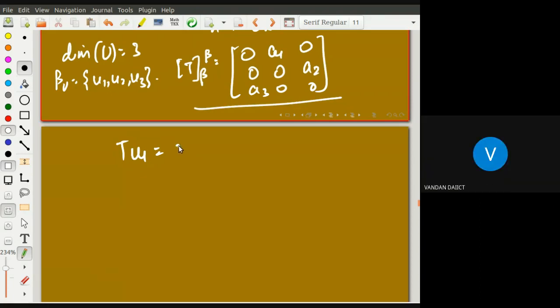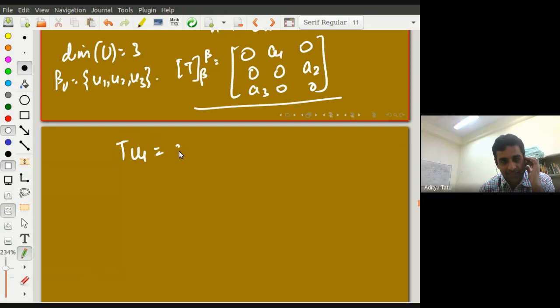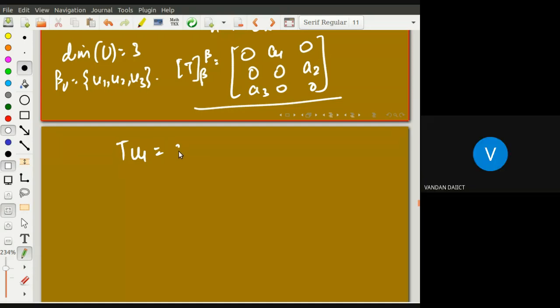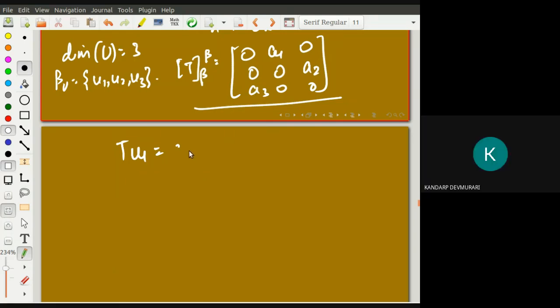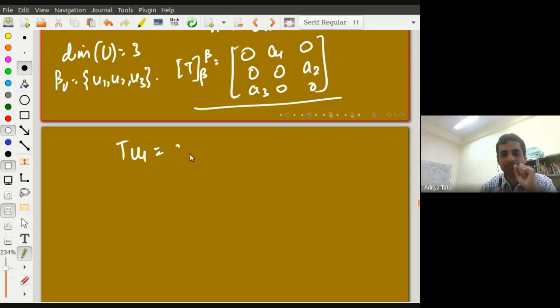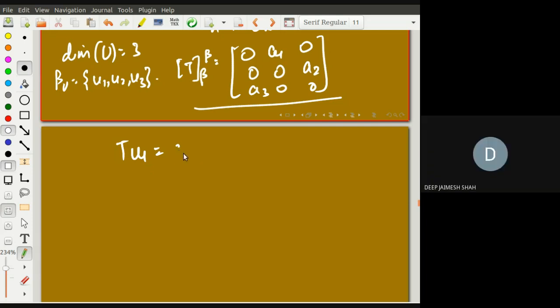It is a vector in the chain of vectors. Which vector? If you look at this matrix, you should be able to answer this question. A1 U1 plus A2 U2 plus A3 U3.